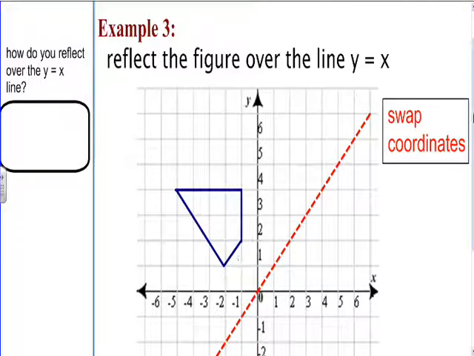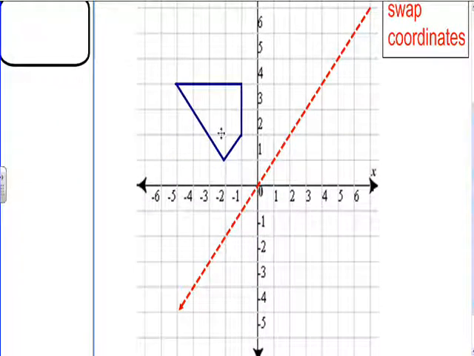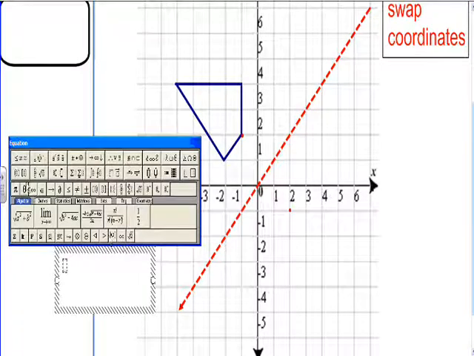So what we need to do is figure out what the coordinates are that we see here. We'll take them one by one, right? For example, this coordinate right here is the coordinate negative 1, 2. So if I reverse that coordinate, I'm going to get the coordinate 2, negative 1. So that's right there. In fact, let's put those coordinates in here just so we can have a couple of examples of what we're talking about.